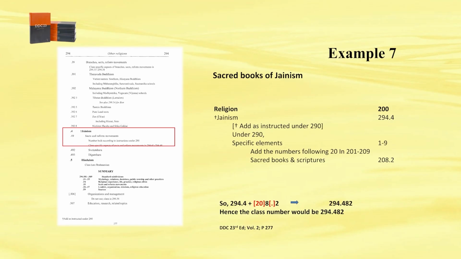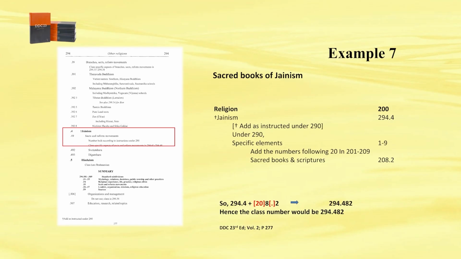Okay. Now we have to synthesize the number. So the number for Jainism was 294.4. Then as per the instruction, we have got the number for sacred books and scriptures is 208.2. As per the instruction, we have to omit the first two digits of 208.2 because it has told us the number following 20. So we have to omit 20.